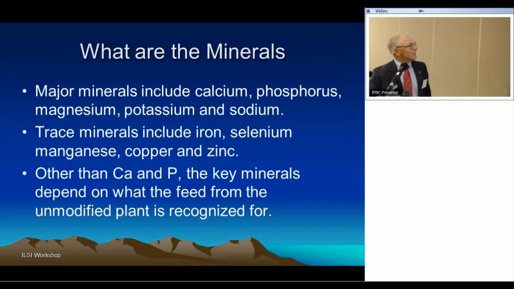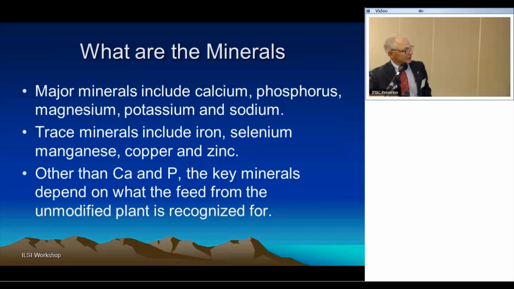What are minerals? Major minerals include calcium, phosphorus, magnesium, potassium, and sodium. Trace minerals include iron, selenium, manganese, copper, and zinc. Other than calcium and phosphorus, the key minerals depend on what the feed from the unmodified plant is recognized for, say one that's more recognized for iron or selenium.